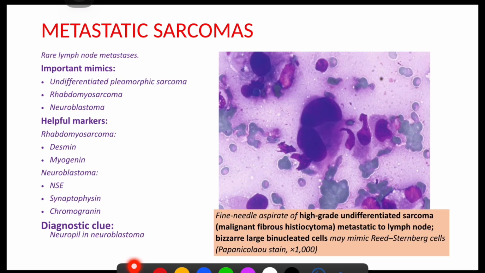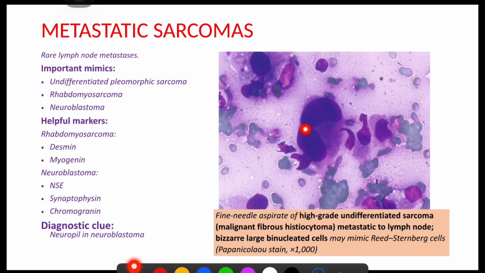Metastatic sarcoma: in sarcoma there is rare lymph node metastasis, but some undifferentiated pleomorphic sarcoma, rhabdomyosarcoma, neuroblastoma may be present. So here is a case of high-grade undifferentiated sarcoma, which is malignant fibrous histiocytoma, metastasized to a lymph node.